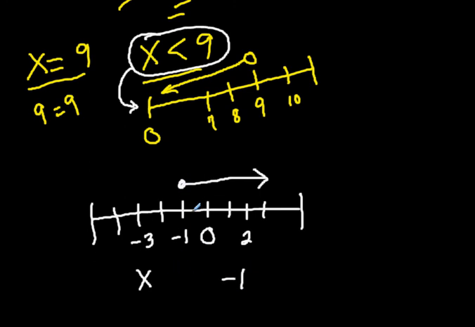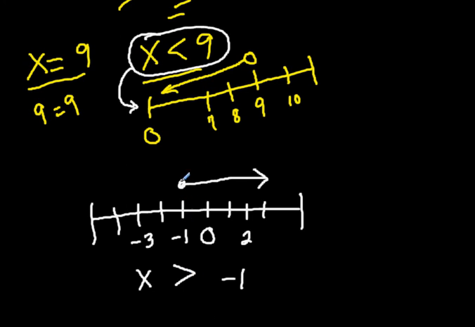Now we have to think. In relation to -1, is x greater than -1, or is it less than -1? Well, the arrow is going this way, saying that -1 is the smallest value. So we have to do it this way: x is greater than -1.